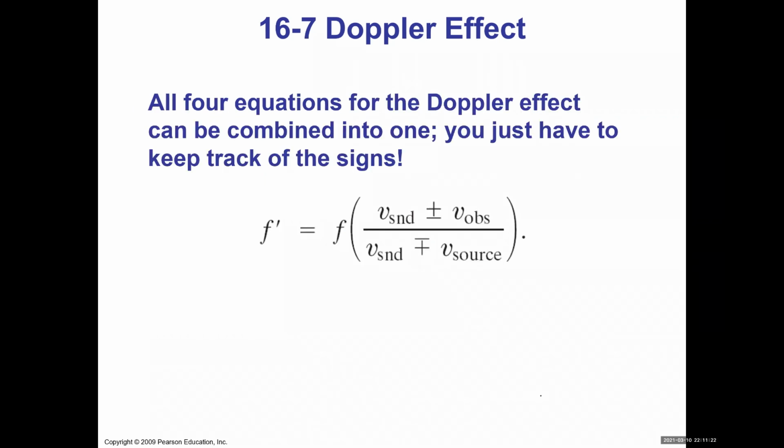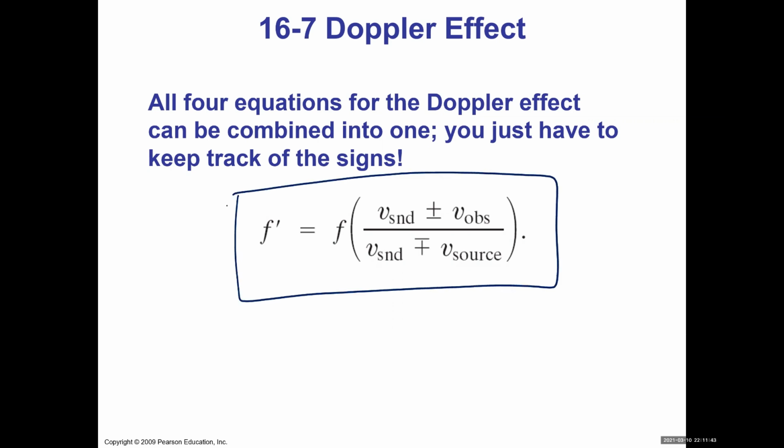All right, what if you have both the observer moving and the source moving? Let's say they're moving toward each other, or away from each other, or maybe the observer is moving to the right and the source is moving to the right, but one is moving faster than the other. In any case, combining both of those equations, you can have one more general equation that takes into account basically everything.